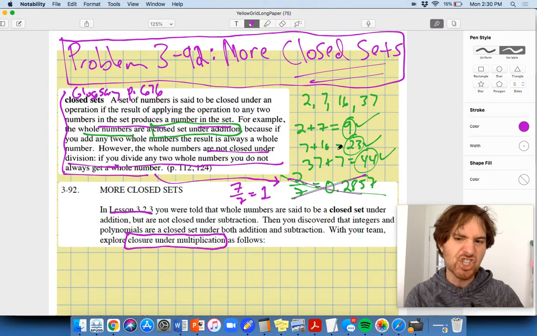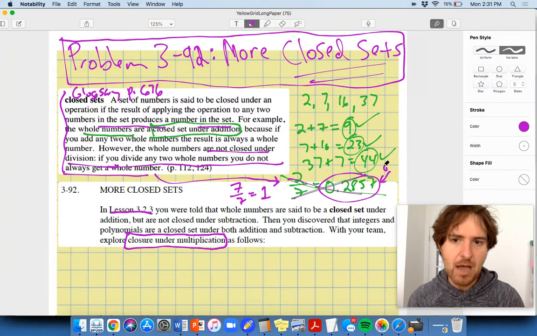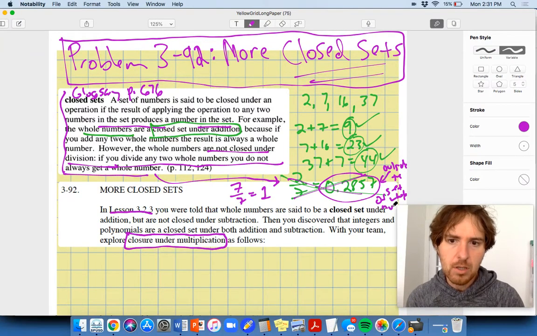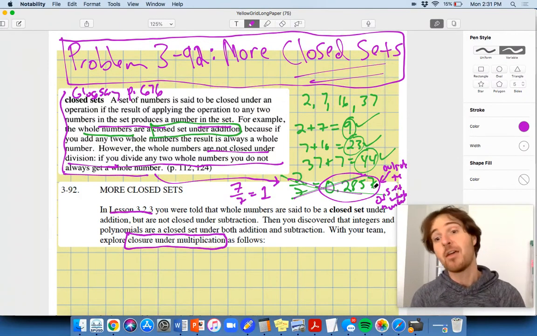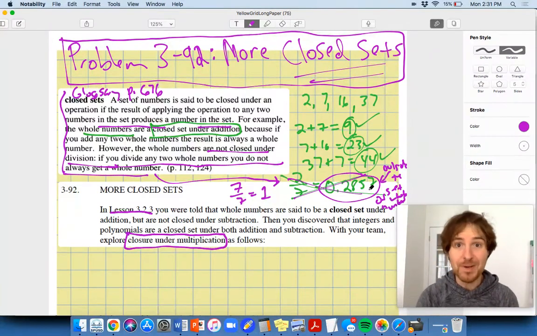We need to go outside of our set, and this is outside the set of whole numbers. So we could say that whole numbers are an open set under division. It's going to open us up to different types of numbers in our answers. Okay, kind of makes sense.